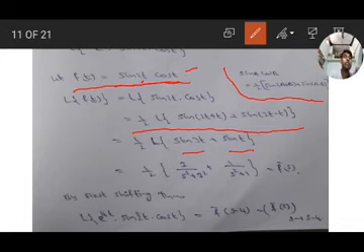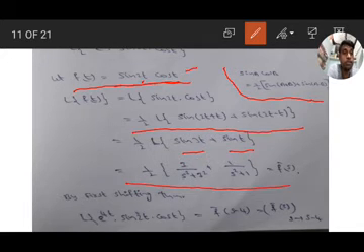Then we use the formula L of sin at is a by s square plus a square. Here a equals 3, so 3 by s square plus 3 square. For sin t, a equals 1, so 1 by s square plus 1.